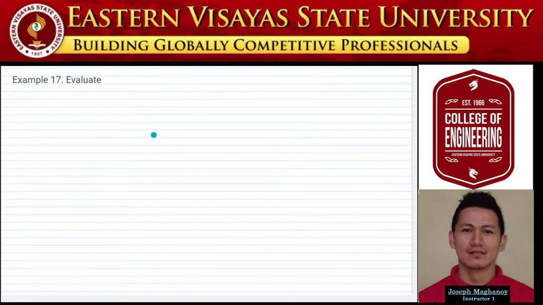So problem 17, we need to evaluate the integral of sec squared e raised to negative y dy all over e raised to y tangent e raised to y.